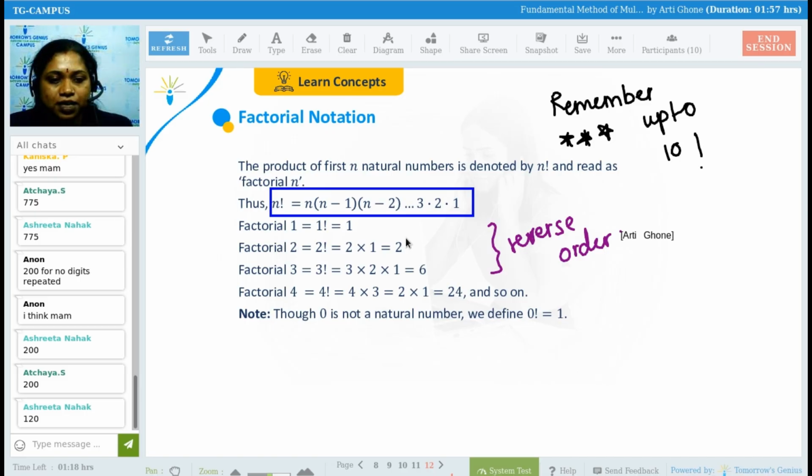Reverse order is extremely important, and that will help you generate a correct calculation. Clear? Okay. And don't miss any number. Sometimes this happens when we are doing 11 factorial. We take 11, 10, 9, and sometimes miss 8. Then your answer will collapse. Clear? So n factorial is n into n minus 1 into n minus 2.